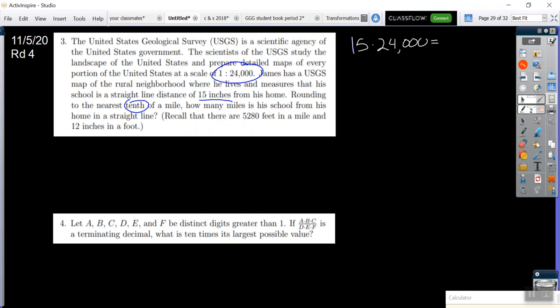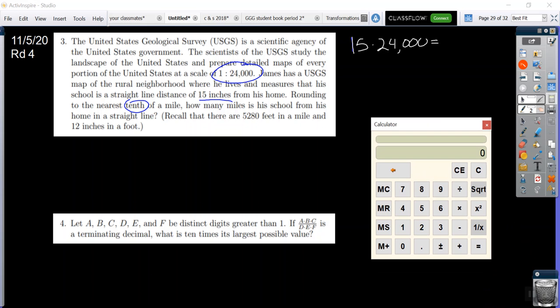And when we do that, I'm not going to do that in my head. We have 24 and 3 zeros, 1, 2, 3. And multiply that by 15. And we get 36, and 4 zeros. So let's put in our commas. So that's 360,000 inches. Now, I don't really know how far that is.